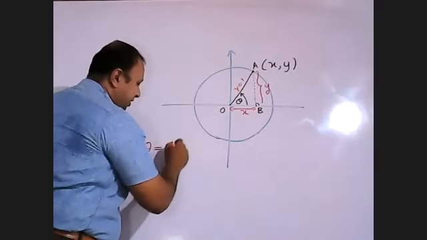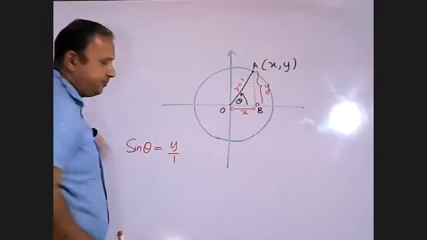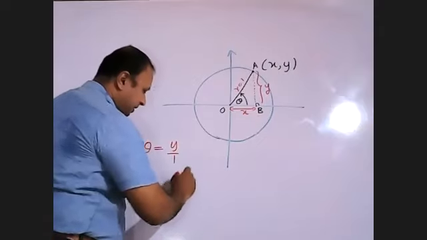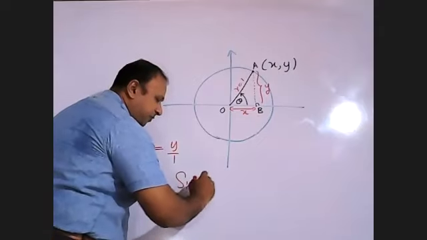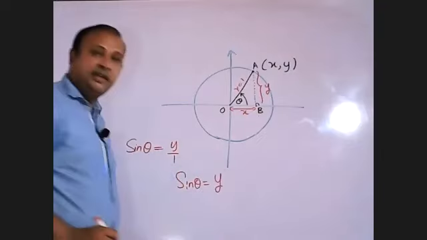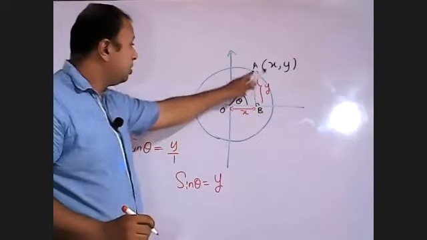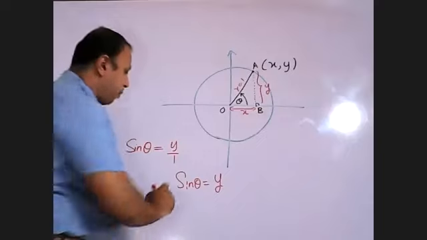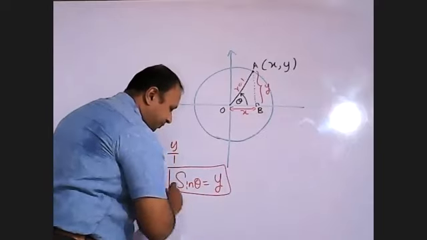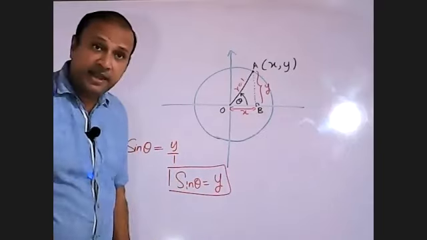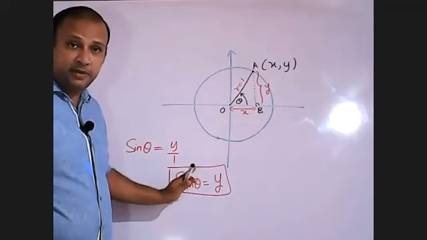Opposite side is y, hypotenuse is 1. Therefore, sine theta can be defined as the y coordinate of the point A. Okay, very good.